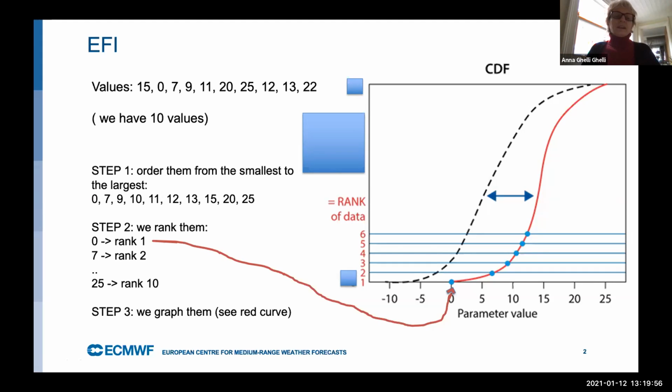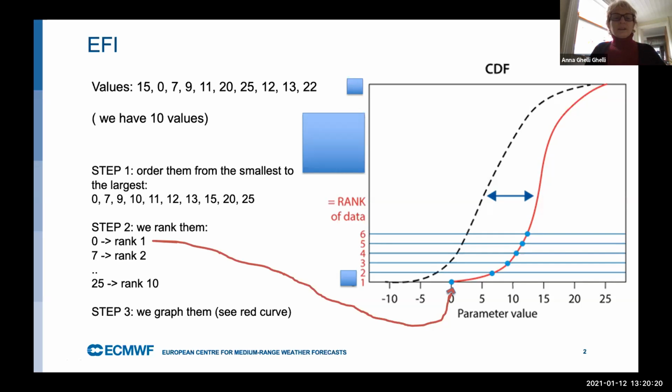In this specific case, because we have 10 values, we will have 10 ranks. The first rank is 0. 0 is rank 1, so it's the first in our list. 7 is the second in our list, and so on and so forth, until the value 25, which is our number 10.